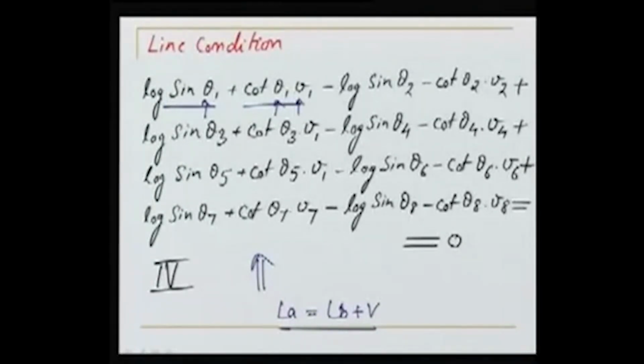Similarly, the second term, minus log sine theta 2 minus cot theta 2 V2, and so on. This is equal to 0. So please write it down yourself, then only you will understand it.